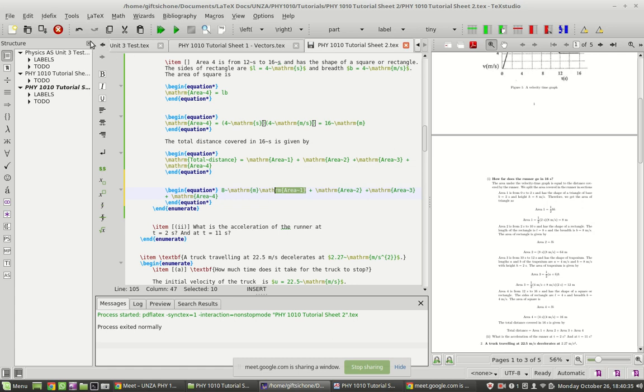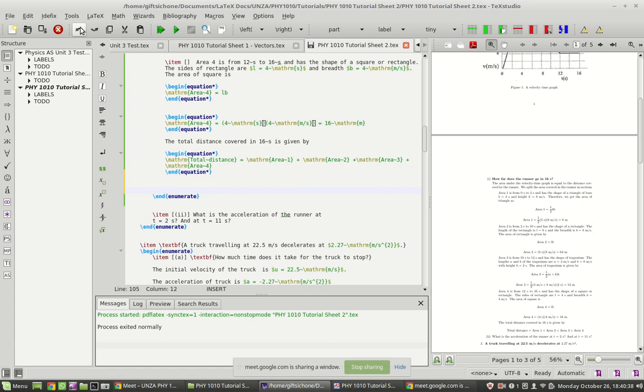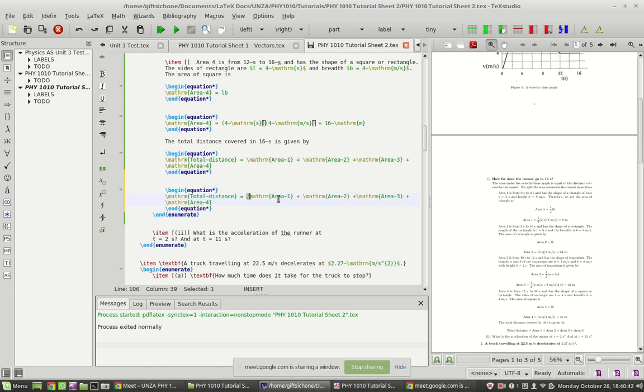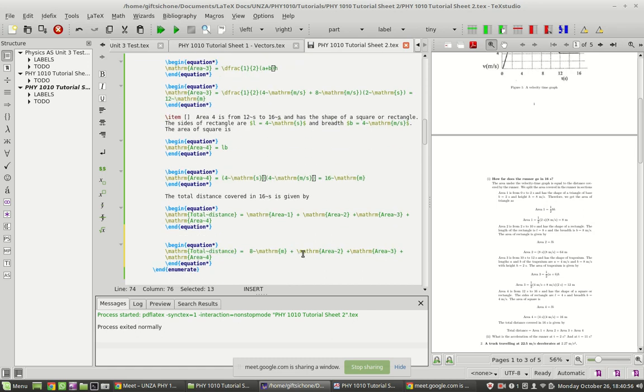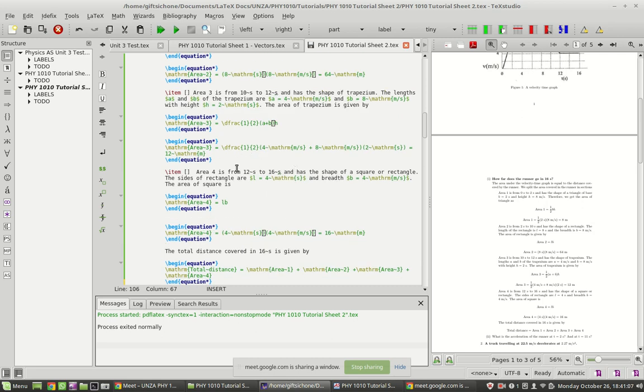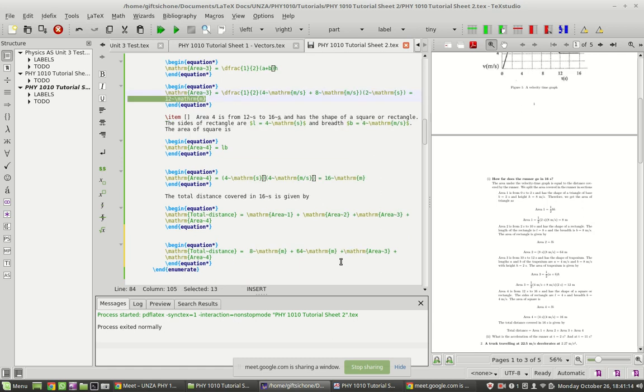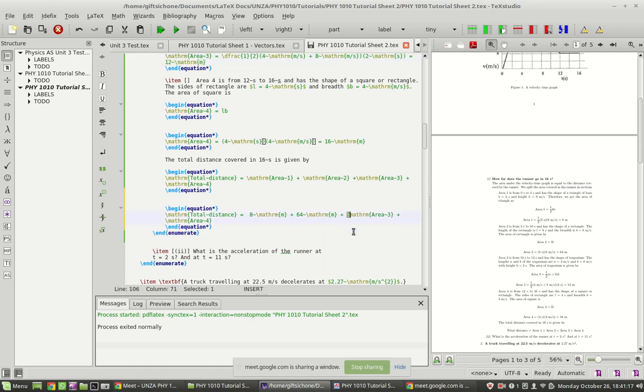Area 2, we found 64 meters. Area 3, we found 12 meters. Area 4, we found 16 meters.